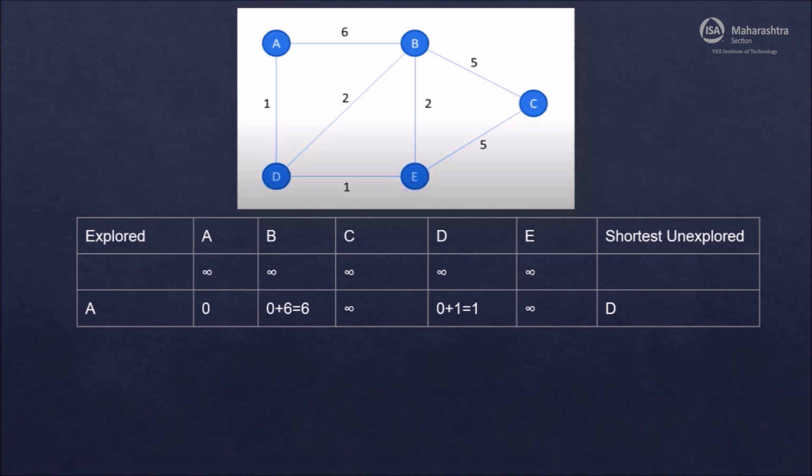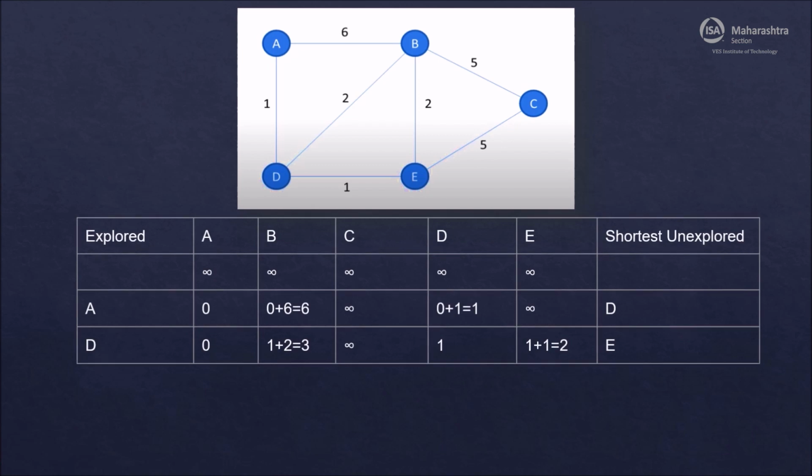So as A is explored, the value of A will remain same throughout the table. So the distance of A will be 0. The distance from D to B is 2. So the total distance will be 1 plus 2 is equal to 3.